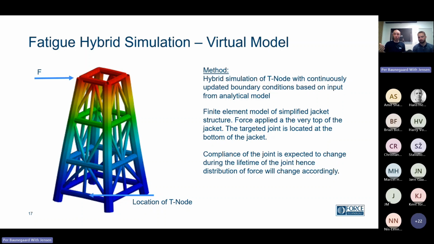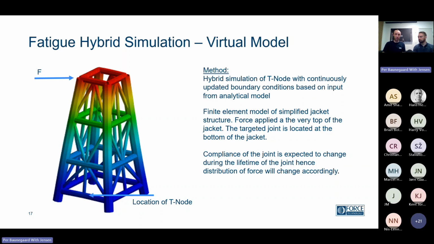And then the force that this T-node is experiencing in the model is based on a single force applied at the top, and then it's modeled how that is redistributed within the structure. Then the compliance of the joint comes into play.